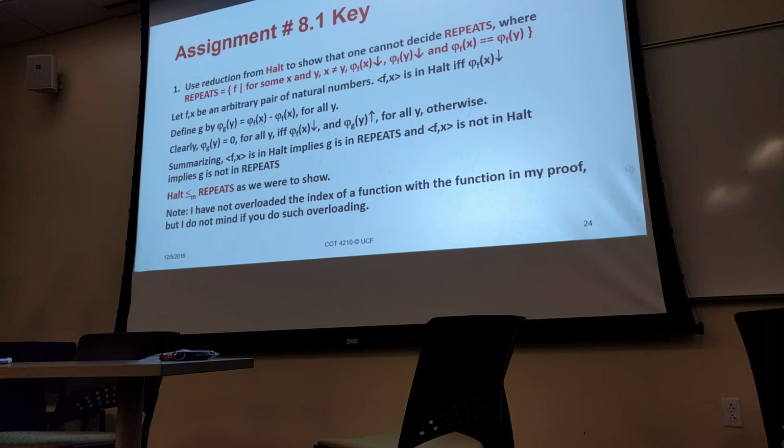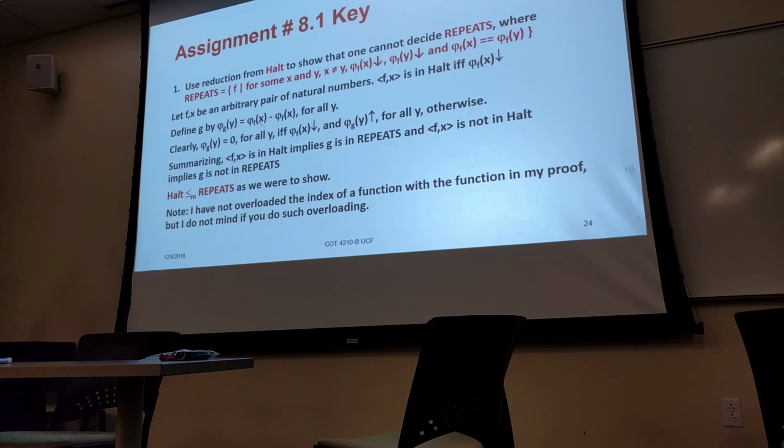Okay. This is the key for assignment 8, and what I was asking you to do is reduce halt to repeats. And repeats is just that somewhere there are two distinct inputs to this function where it produces the exact same value.